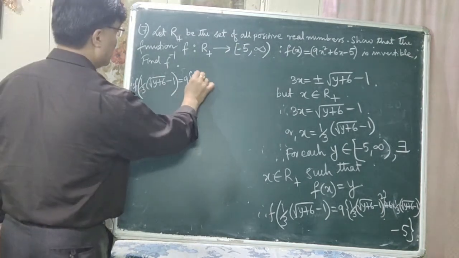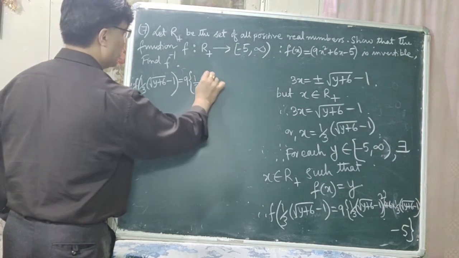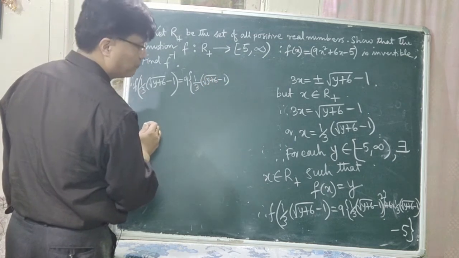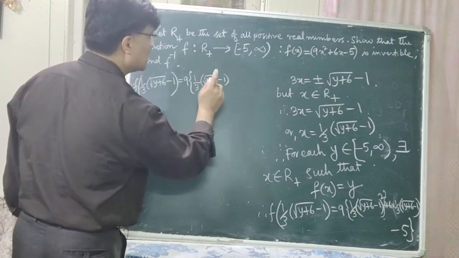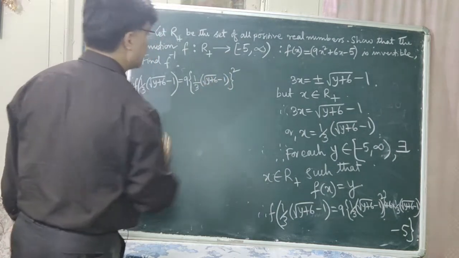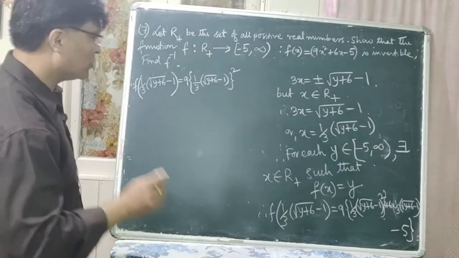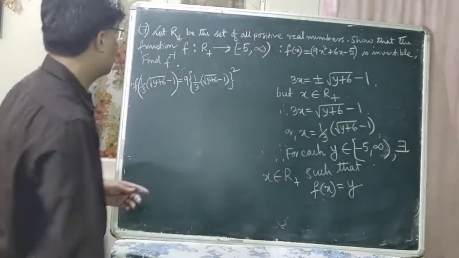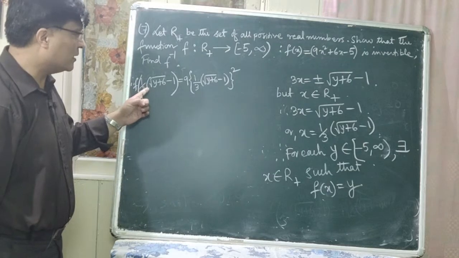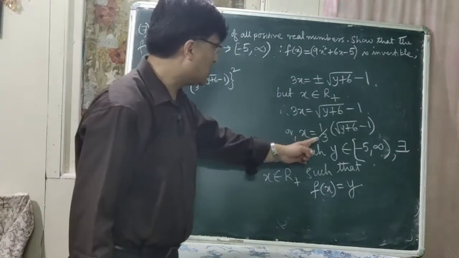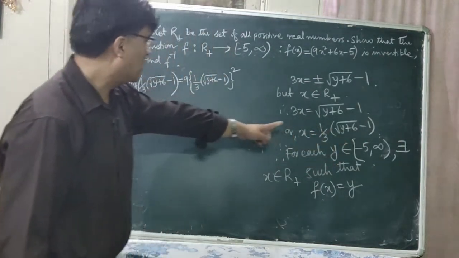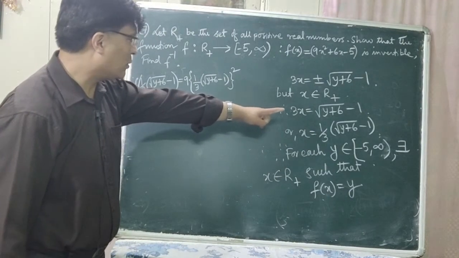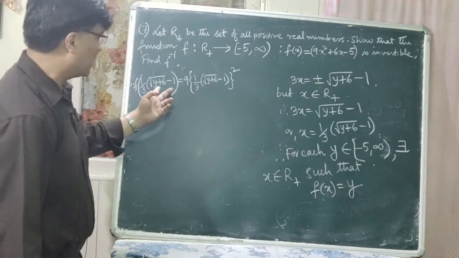Whole square, 1/3 within bracket root over y plus 6 minus 1. Okay, so here second bracket is closed, whole square. So now I think you have understood it. So f of, what is y here? Here in this case x is 1/3 within bracket root over y plus 6 minus 1, that is the value for x.